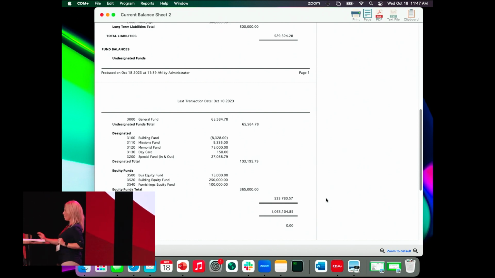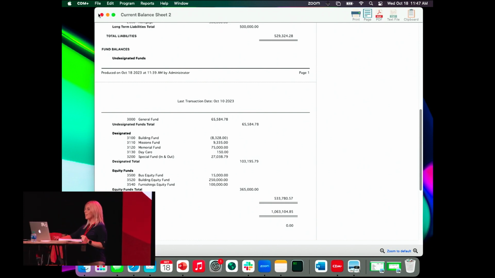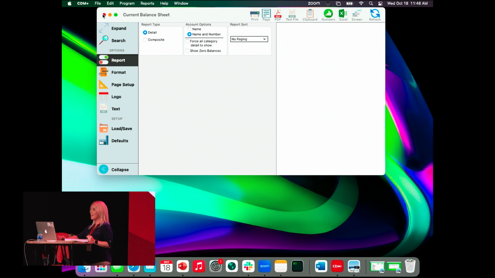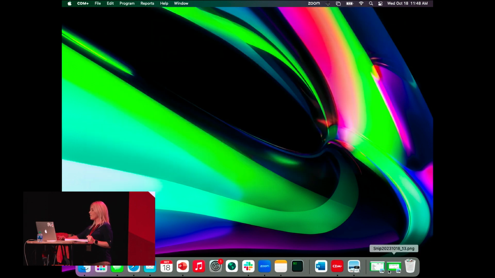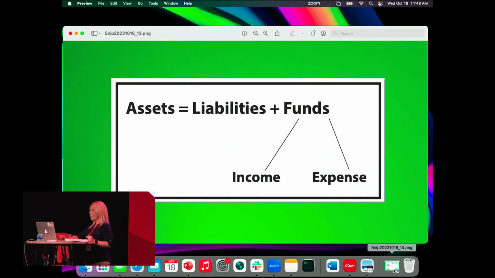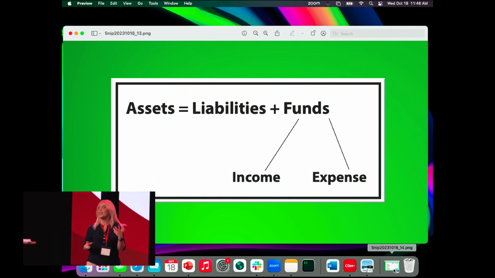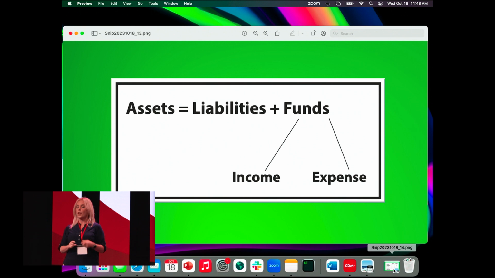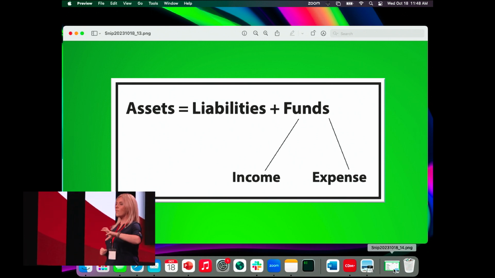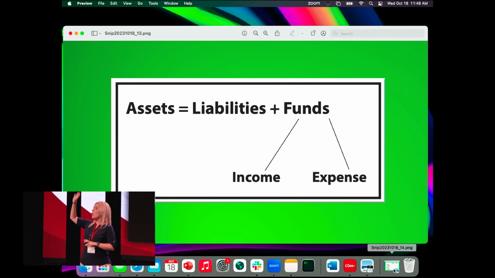So let me explain something. Your funds plus your liabilities should equal your total assets. So if I add my liabilities and I add my funds, they should equal the total amount that I have in my assets.